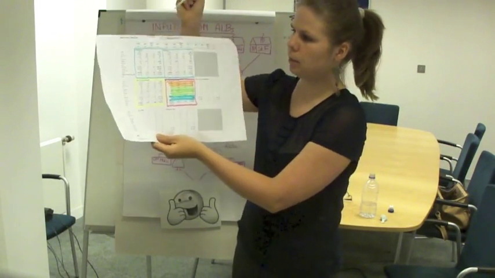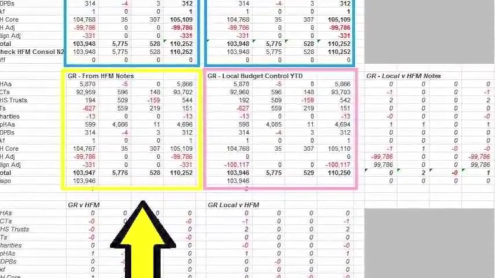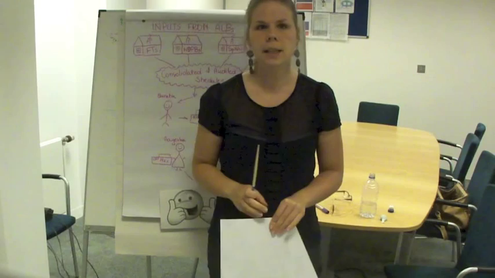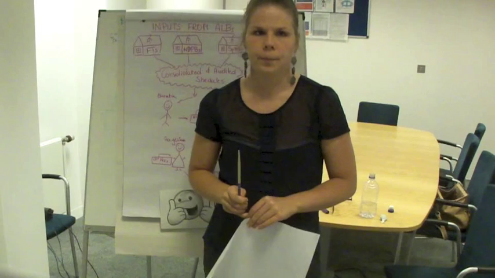Let's now move on to the next section in this reconciliation file called HR from HFM notes. Please refer to your printouts, but I'm talking about this box rounded in yellow. Individual node views feeding into this box are constructed using the Hyperion consolidation system. We use various accounts nodes produced by Hyperion to construct individual node views for each sector.